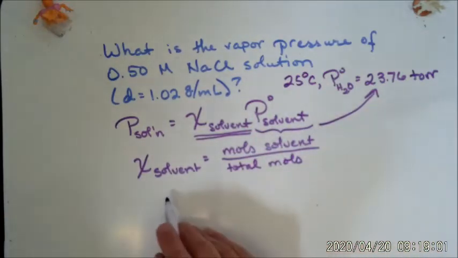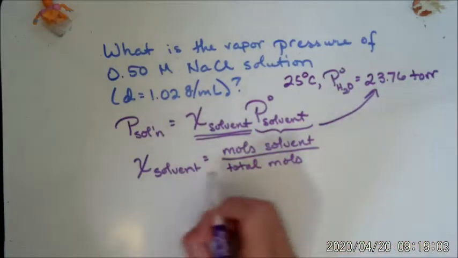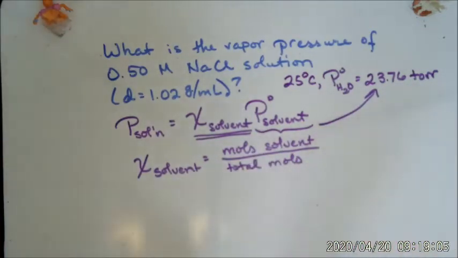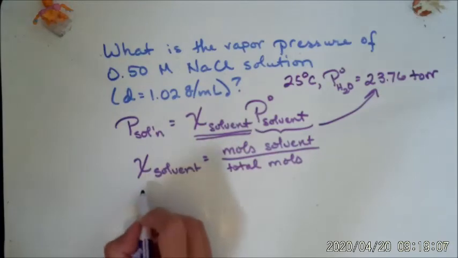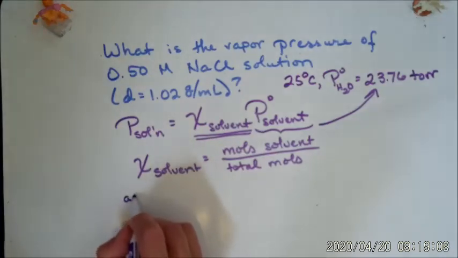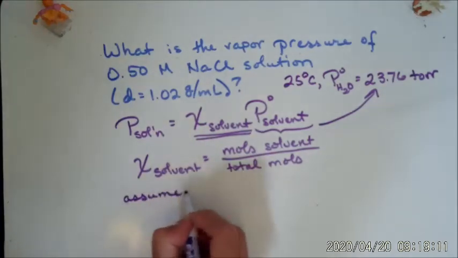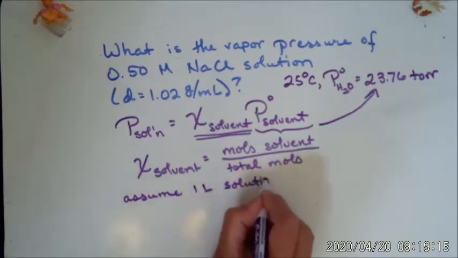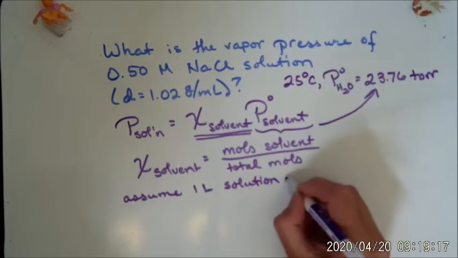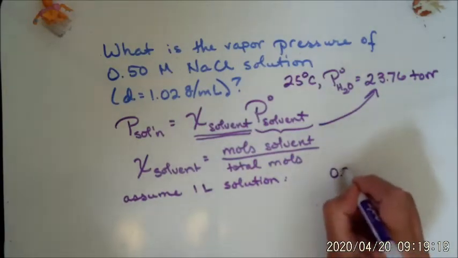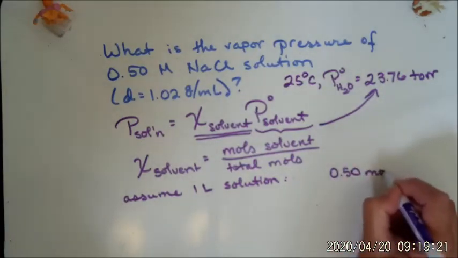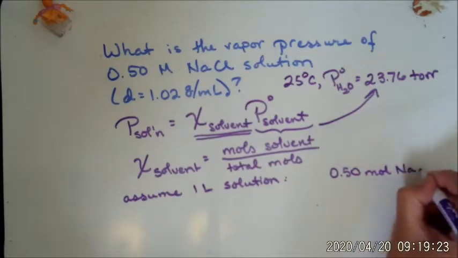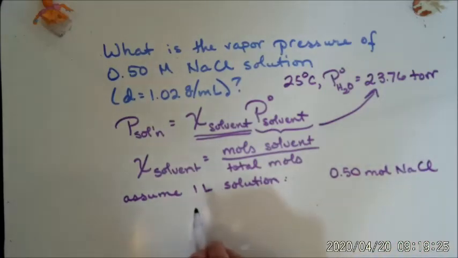Okay, so we need to get the total moles and moles of solvent. So how do we do that? We assume 1 liter of solution, we have 0.50 moles of sodium chloride. That's solute, not solvent.